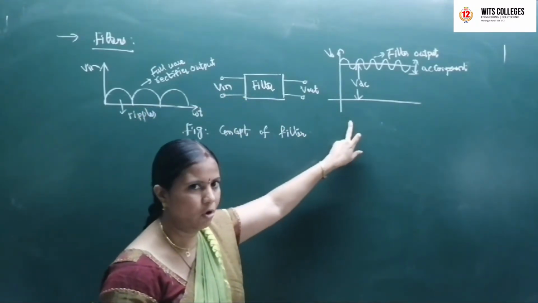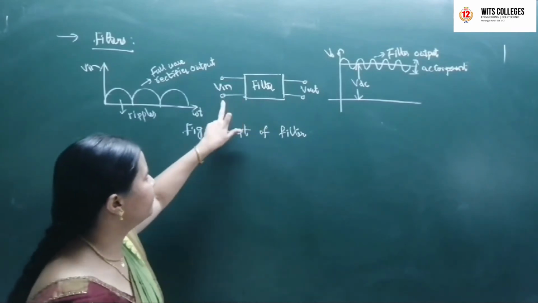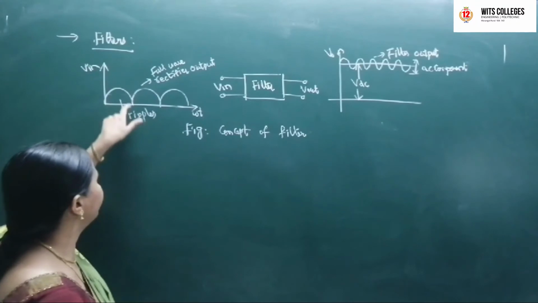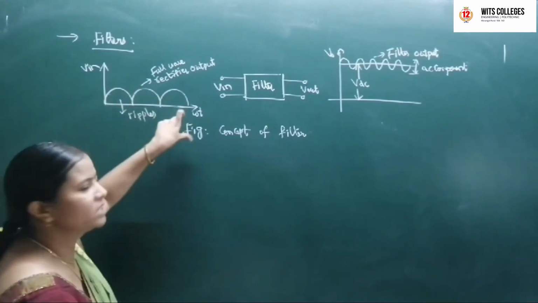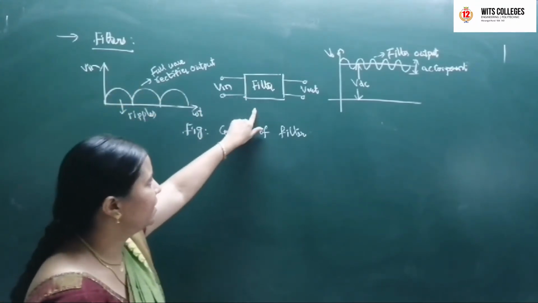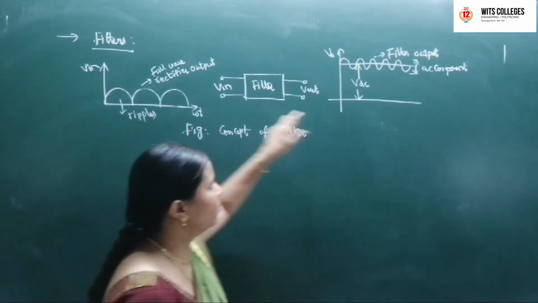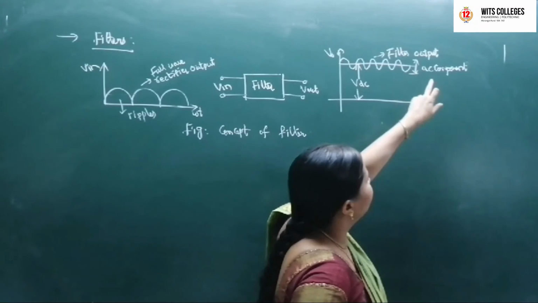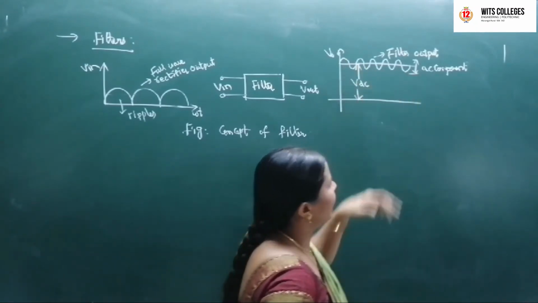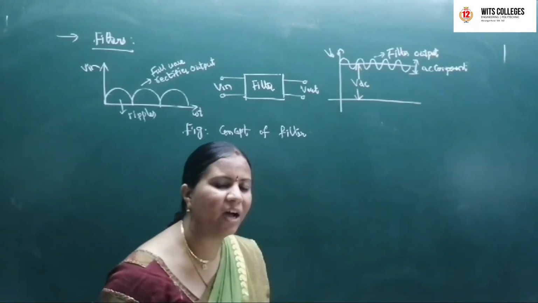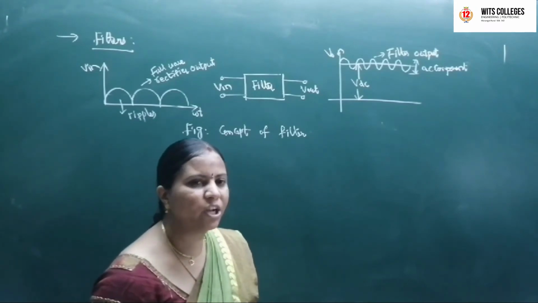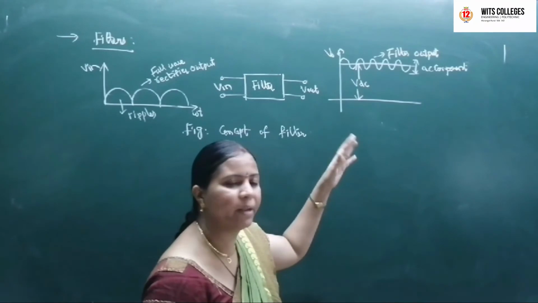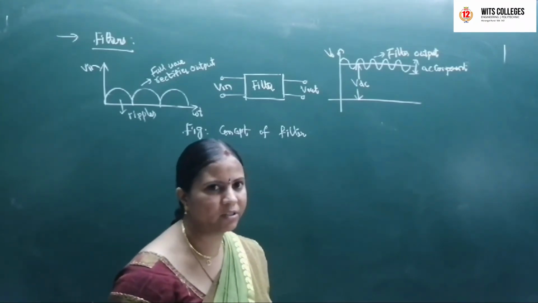So the filter is connected between the rectifier output and the output voltage. This is the output voltage of the rectifier. This input voltage is the input for the filter, and this is the output. In the output of the filter, some small amount of AC components will be present.